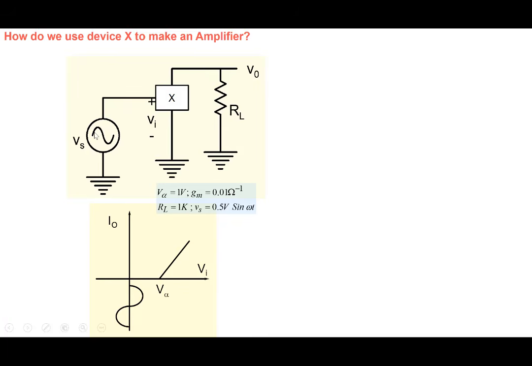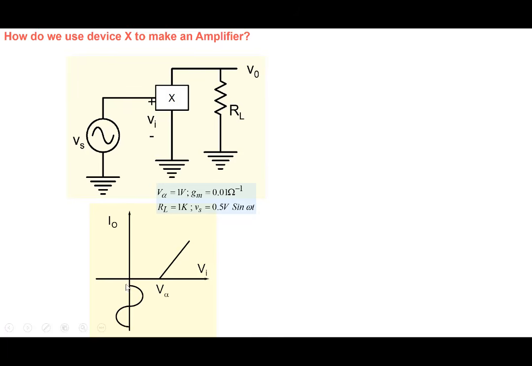So I0 has to respond to Vs, and when this I0 flows through RL, it will develop a V0, and therefore V0 will respond to Vs. And if the relationship between I0 and Vs is linear, the relationship between V0 and Vs will also be linear. So we'll get a voltage here which will look exactly like Vs. And if my Gm and other things are properly chosen, then we'll get amplification. So we want the current to respond to Vs.